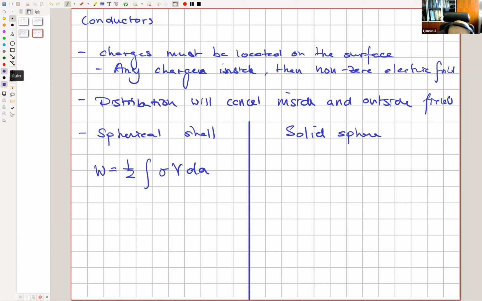Well, inside is 0, right? There's no, excuse me, there's no charge in there, because we're considering a spherical shell with some radius R, and outside is just k_e Q over r squared in the r direction, and that is for r bigger than or equal to R.